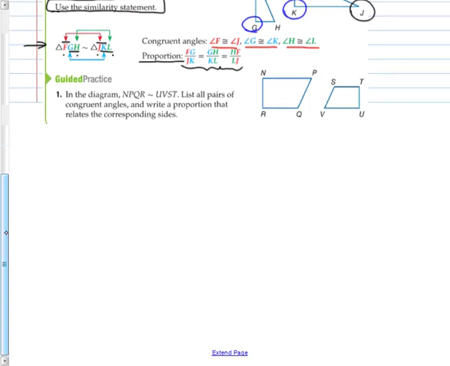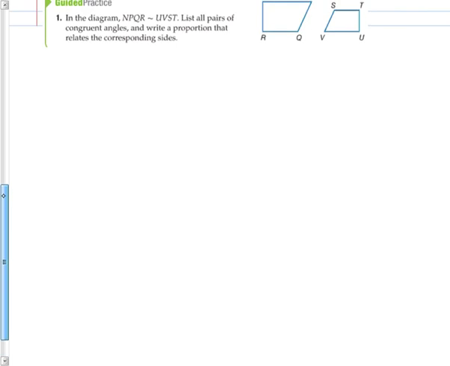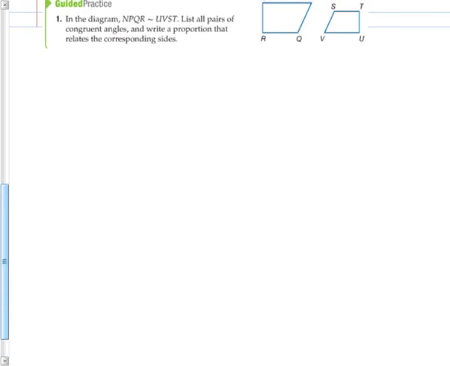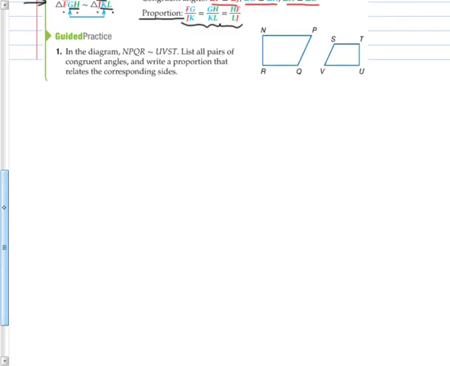So let's try it out right down here. They say in the diagram, polygon NPQR is similar to polygon UVST. List all pairs of congruent angles. Write a proportion that represents the corresponding sides. So you look at the picture, and I want to know what angle is angle N congruent with. U. Angle N is going to match up with angle U. You have to, in your mind, kind of rotate that around to try to find the matching sized angle.